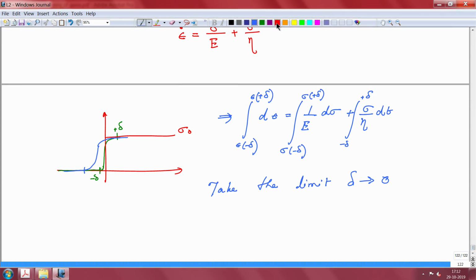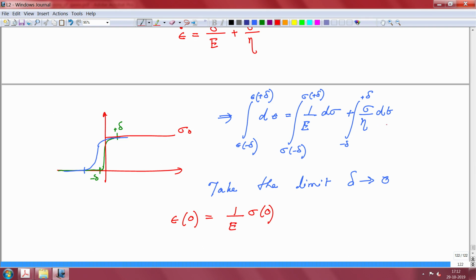So, now this integration will give you the jump in epsilon at t equal to 0, because till 0 the response should also be 0, but suddenly at plus delta you will have the response. So, this integration is basically going to give you epsilon at 0, and this is your 1 by E times the jump in stress.